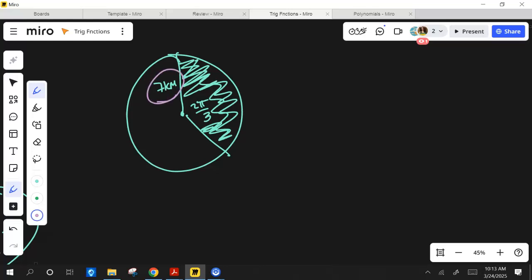This is the radius, this is the theta. This one's a step less because my theta's already in radians, right?